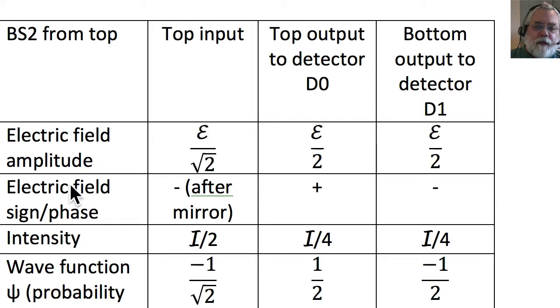Now, what was the phase or the sign of the electric field? It was positive after beam splitter 1, but then it reflected off a mirror, so it's negative coming into beam splitter 2.